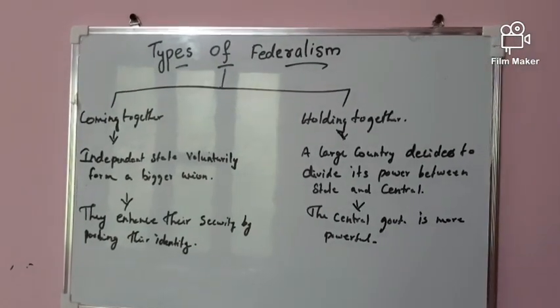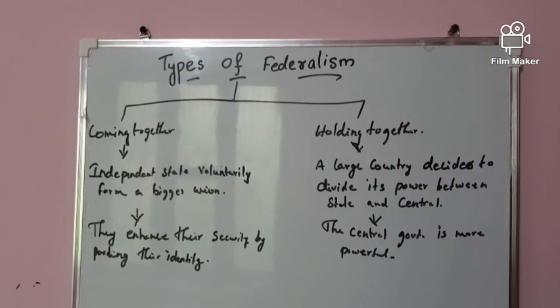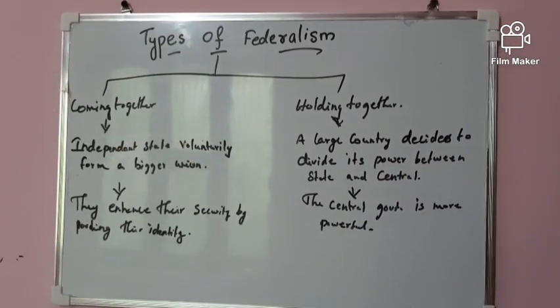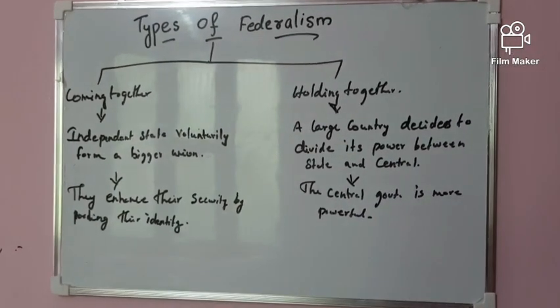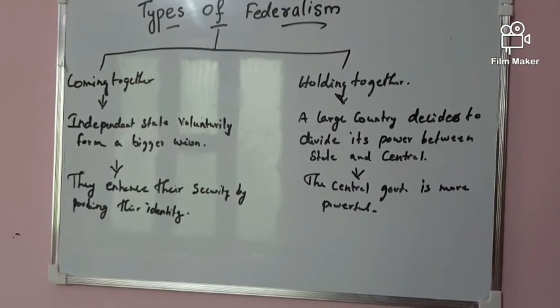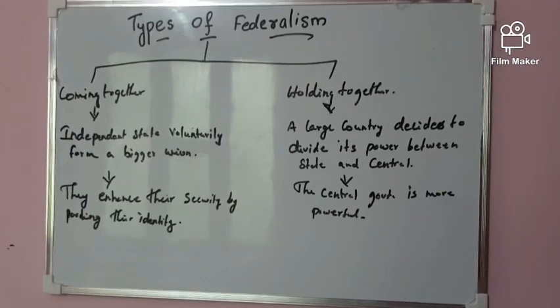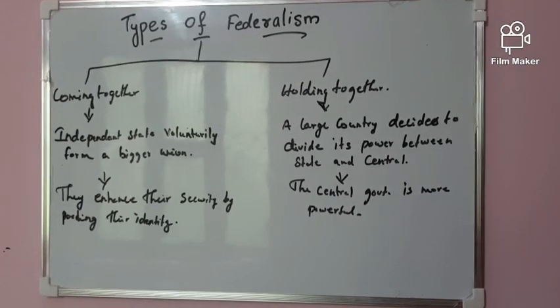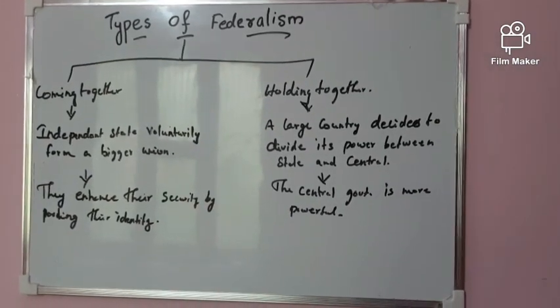Here, in the coming together federation, the first route involves independent states coming together on their own to form a bigger unit. This kind is the coming together federation, and it is formed in places like the USA, Switzerland and Australia.